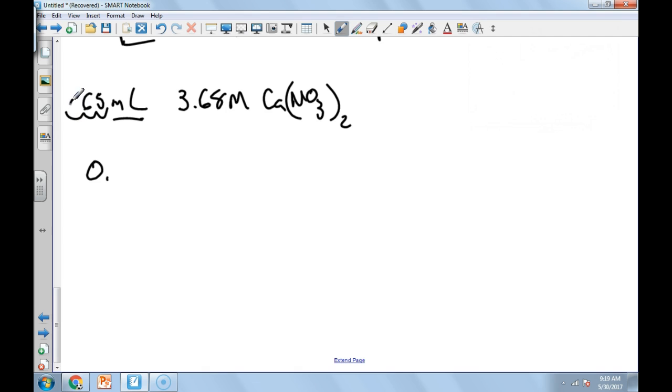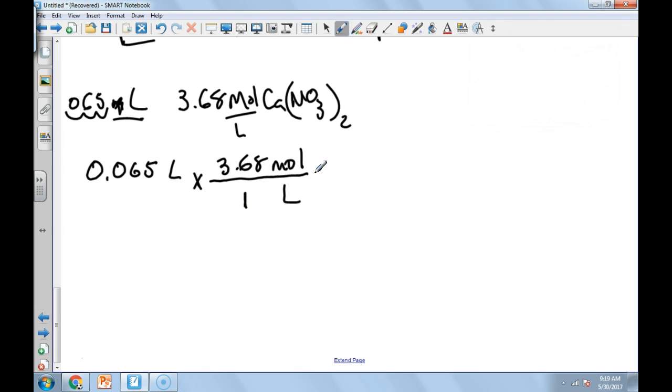We move the decimal point over 3 spots. And so that's liters. 0.065 liters, X line. And so we're going to put liters on the bottom, and moles on the top. Now, 3.68 molar can also be written as moles per liter.